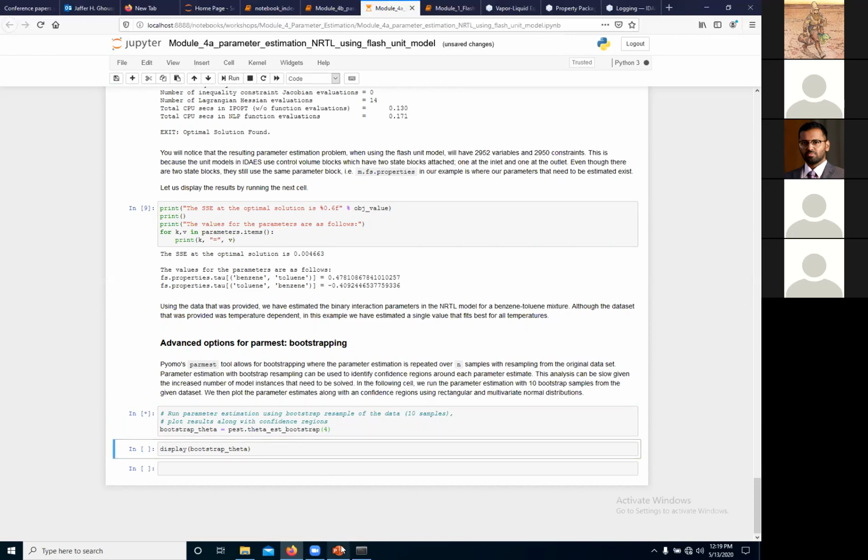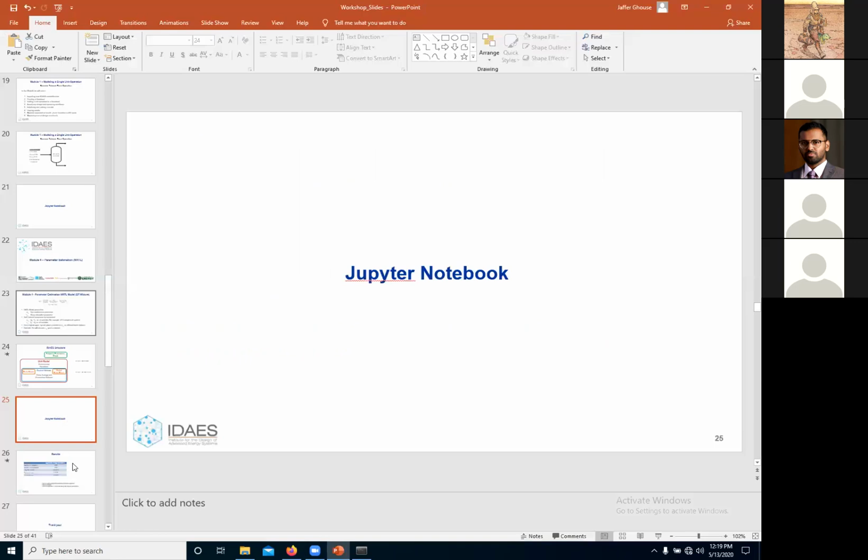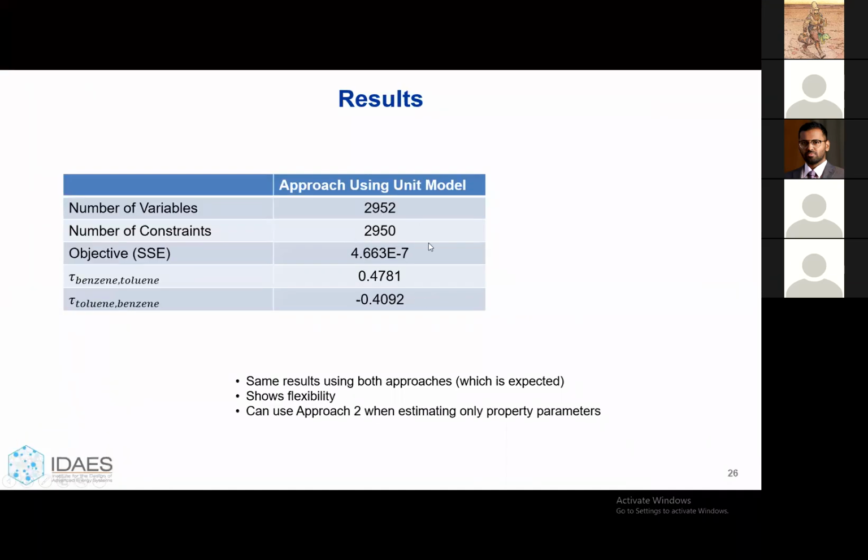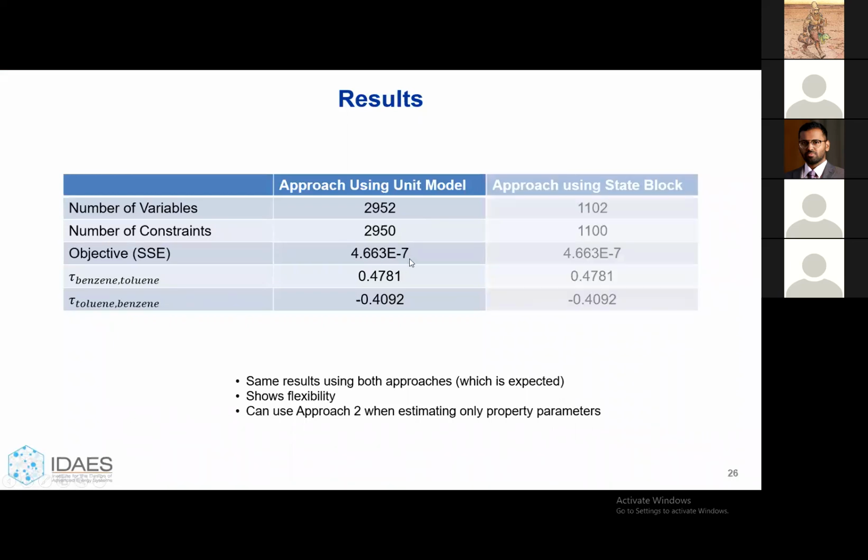Now, while this is running, I'm just going to quickly show the results using both the approaches. With the first approach, which I just showed, we used the unit model with the property package, and you see that we had 2,952 variables, 2,950 constraints, and then the objective function was so much, and the parameters were estimated to be that.